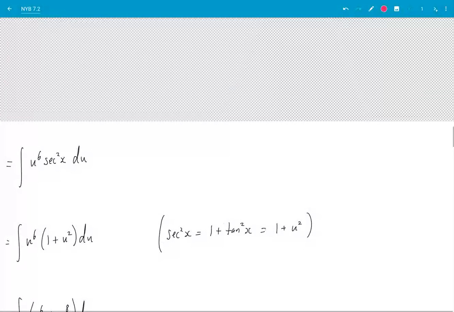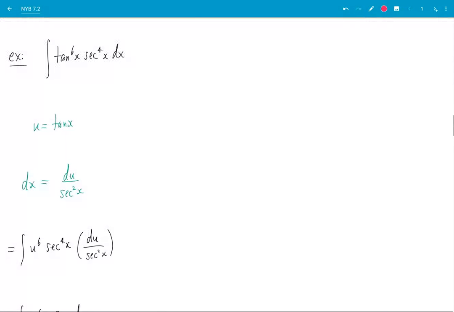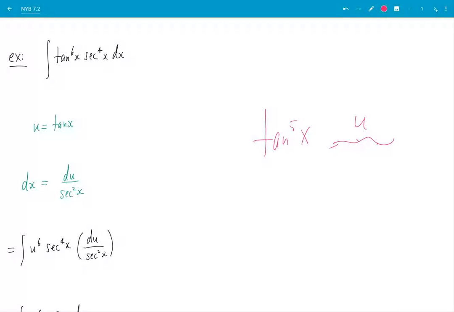I believe I would end up with an odd power of tan, right? I would end up with like a tan 5x, and then something involving u, which is awful because the odd power just can't be nicely converted into something involving u.